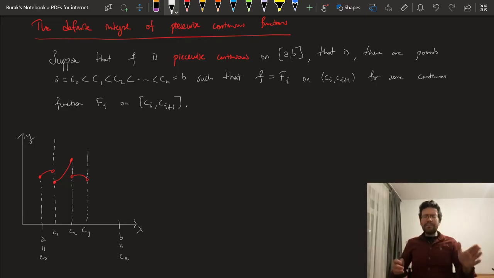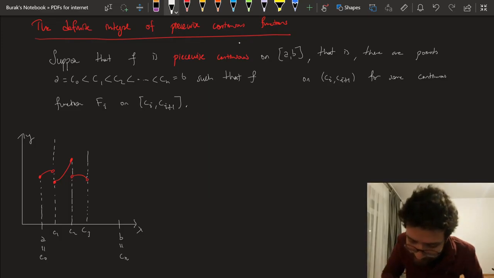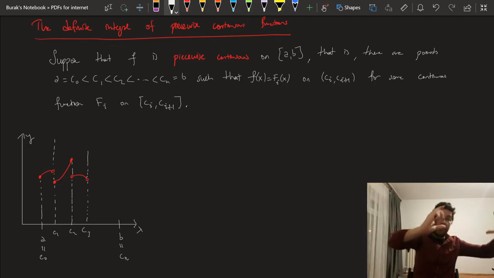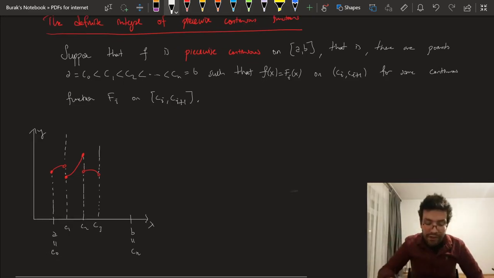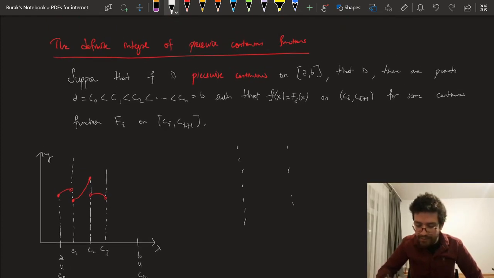So piecewise continuous means this. You split your interval into subintervals, and on each subinterval, on the corresponding open interval, your function is identically the same as a continuous function, which is continuous on the corresponding closed interval. Now, if you take this definition, this prevents such things.